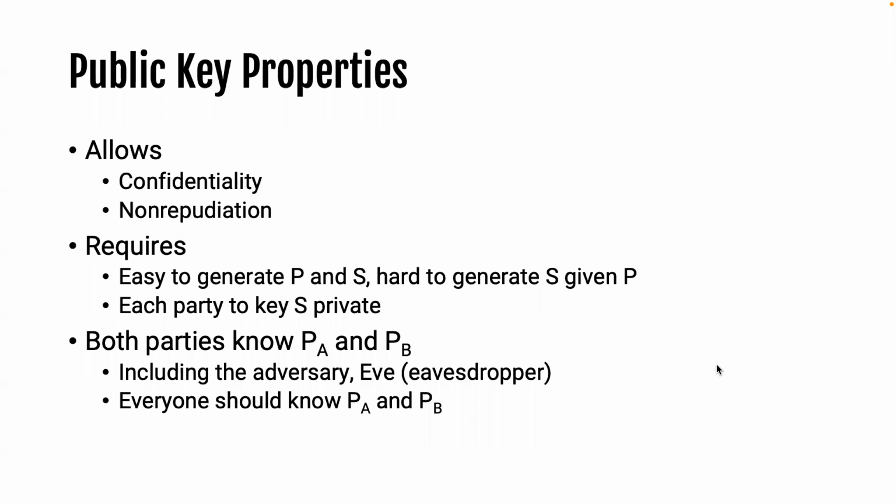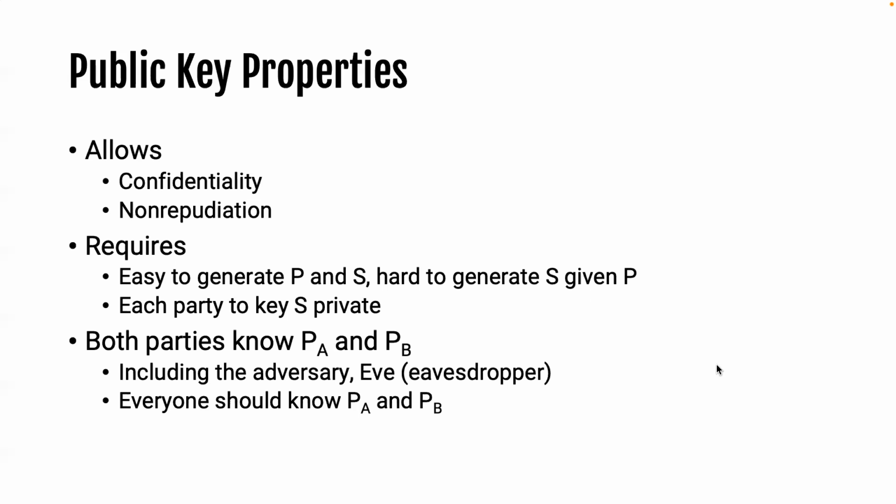And also it needs to guarantee that the people who hold the secret key can keep it secure, like he will not be able to leak this secret key to someone else. All right. And also, if two parties are going to communicate, like A talks to B, but also B talks to A as well, and both parties need to communicate using asymmetric cryptography, then they need to know PA and PB.